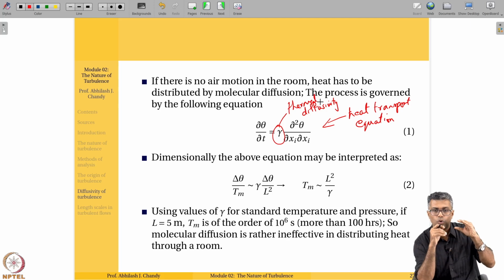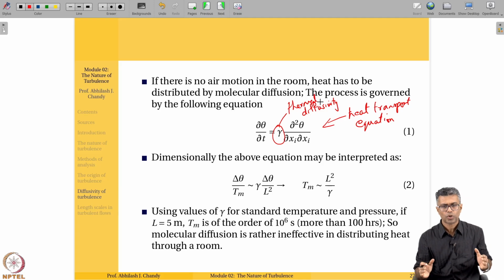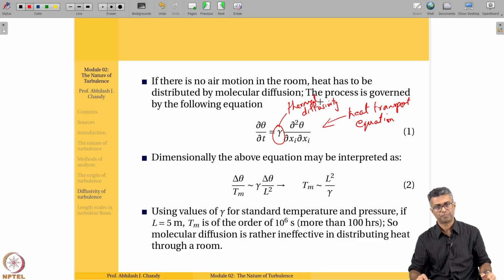Now what I want to do is dimensionally analyze this equation. I don't want to solve the equation; I don't want a solution for it. But I want to dimensionally analyze it so that I can understand the consequences of turbulent flow in the context of this particular problem.